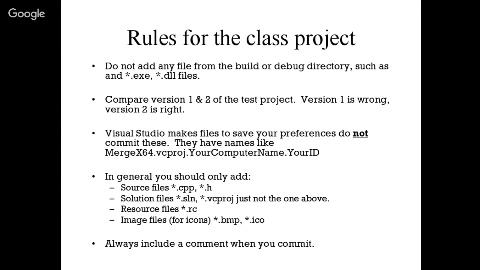There are some rules for class projects, for something like .NET applications. Do not add any files from the build or debug directory, such as exe files or DLL files. Compare your versions, first and latest. Which one is wrong, which one is right.